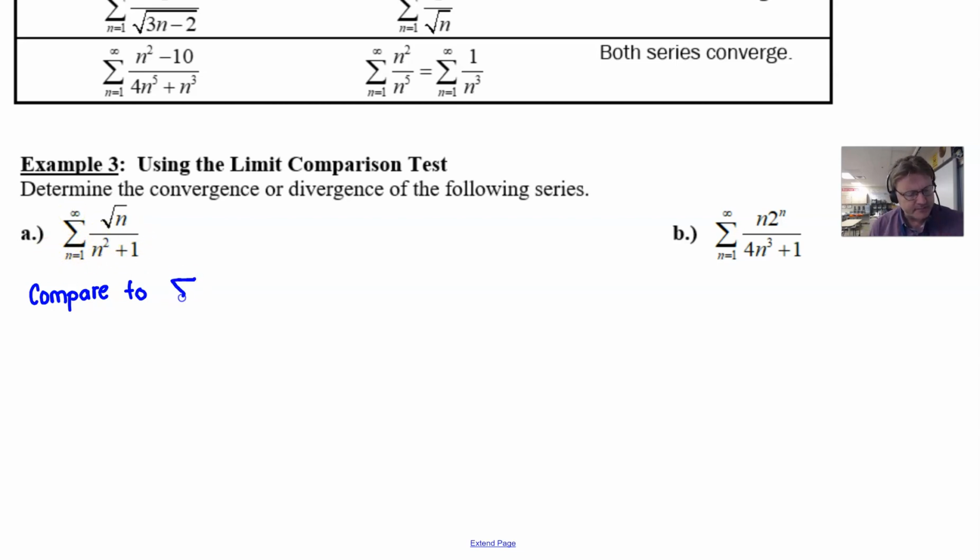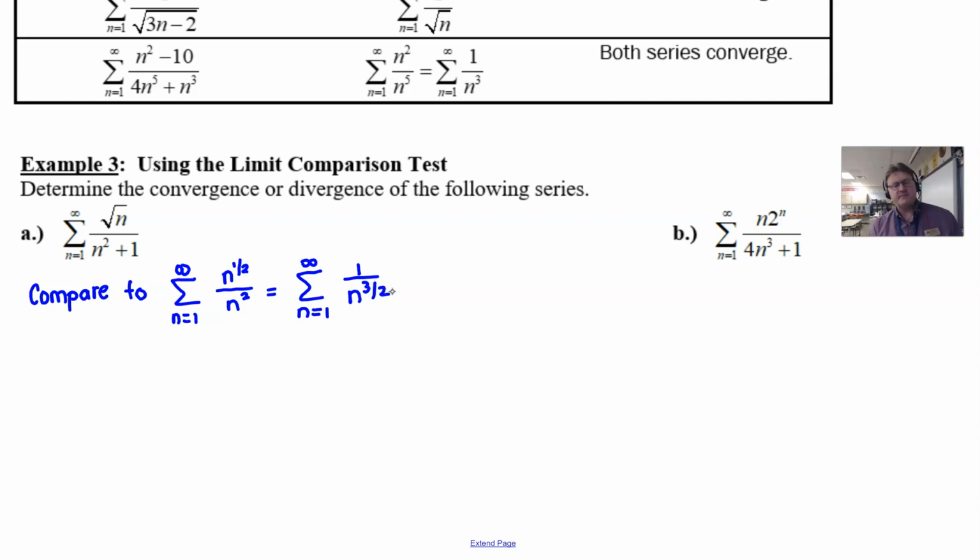So I could just compare this to the summation as n goes from 1 to infinity of square root of n, or n to the half, over n squared, which if I simplify and subtract those exponents, is really just 1 over n to the 3/2 power.